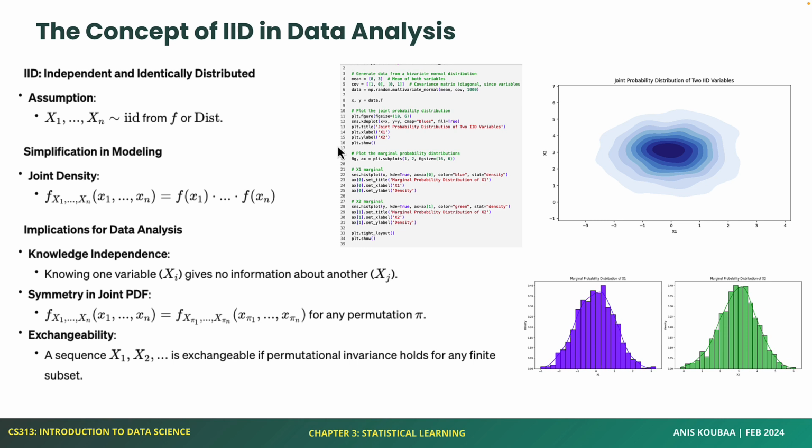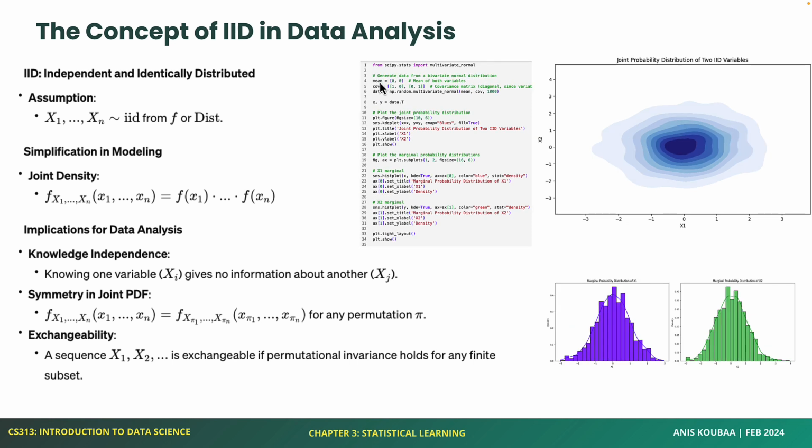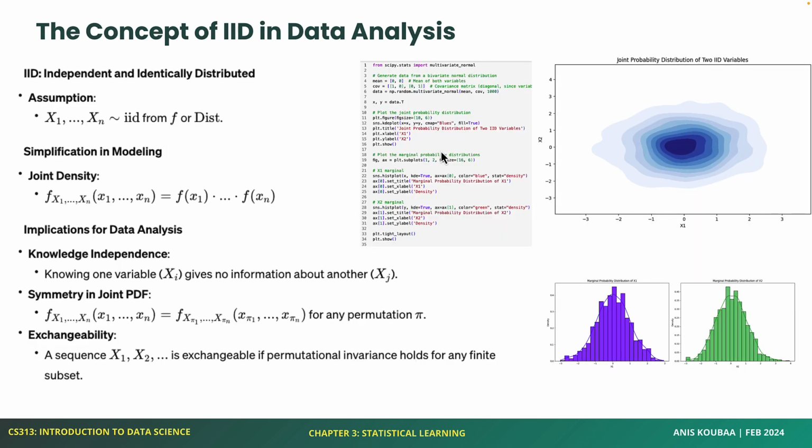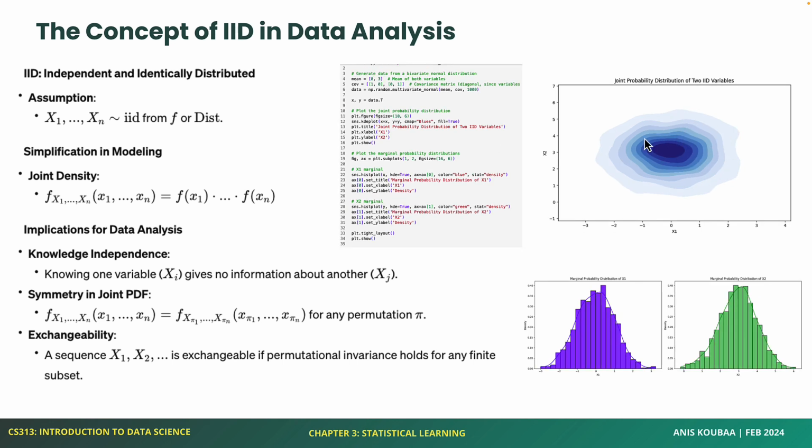But of course, this should not represent the same variables, because usually if we say they are identically distributed, they should have the same distribution with the same mean and the same variance. But this is just to show you, okay, if the mean is different, the joint distribution is going to be different as well.